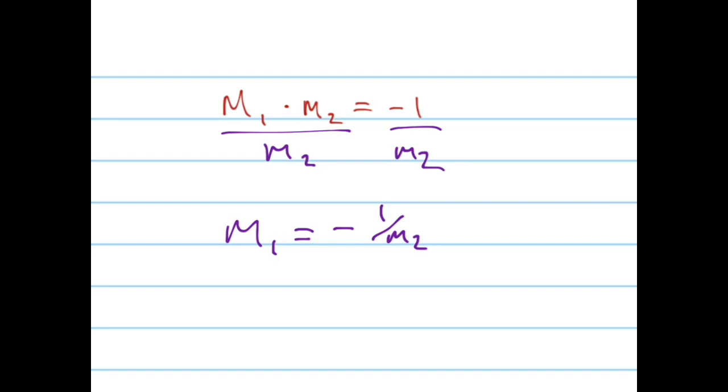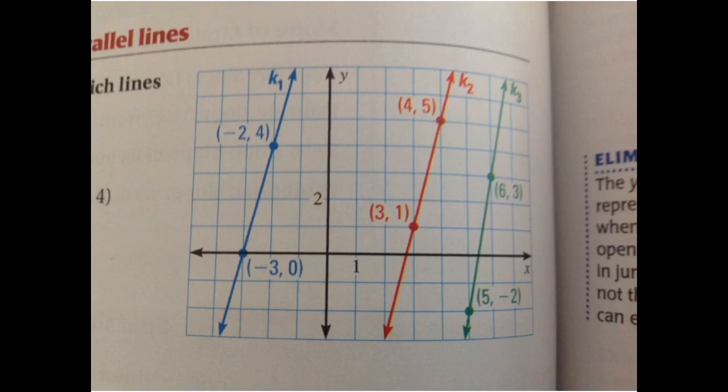So in example 2, we need to calculate the slope and determine which lines are parallel. Now, we're going to use a little shortcut, which is easy to do when we have a graph. It's a little harder to do if you just have the points, but when you have the graph, it's a little easier. Because remember, we define slope as rise over run: how much a graph rises between 2 points over how much it runs.